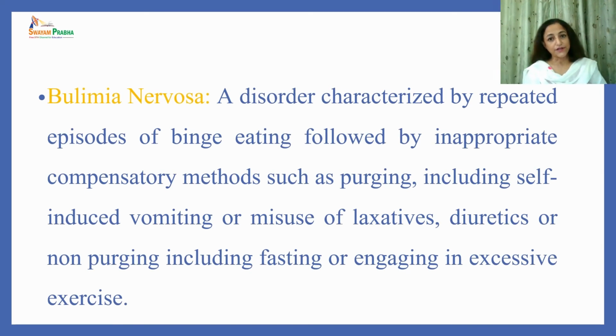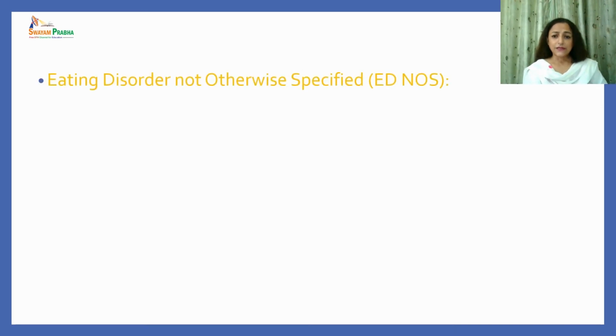It is a disorder which is characterized by repeated episodes of binge eating followed by inappropriate compensatory methods, such as purging, including self-induced vomiting or misuse of laxatives, diuretics, or non-purging, including fasting or engaging in extensive physical exercise.